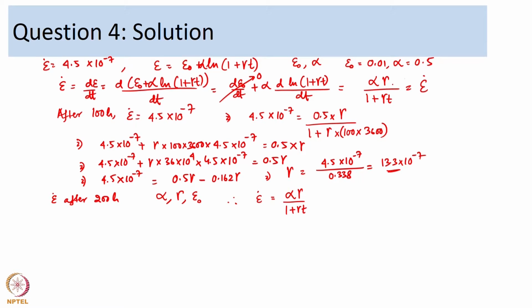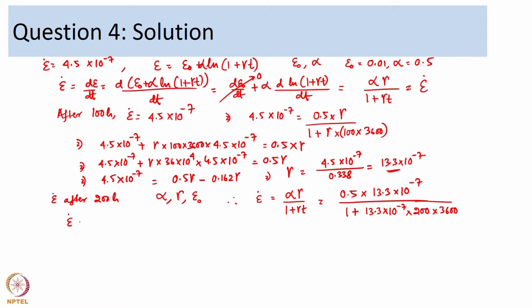So, epsilon dot is equal to alpha gamma by 1 plus gamma t. We know the value of alpha, which is 0.5. We now know the value of gamma, which is 13.3 into 10 to the power minus 7, divided by 1 plus 13.3 into 10 to the power minus 7 and time is 200 hours, so 200 into 3600.